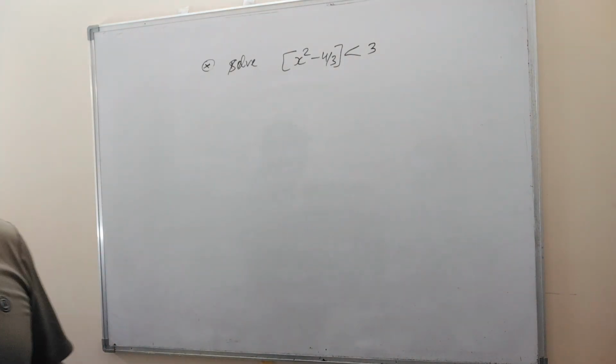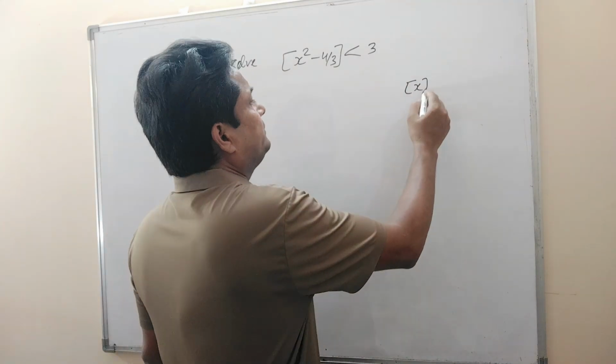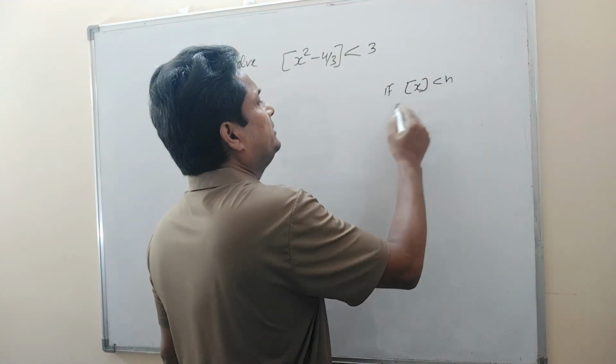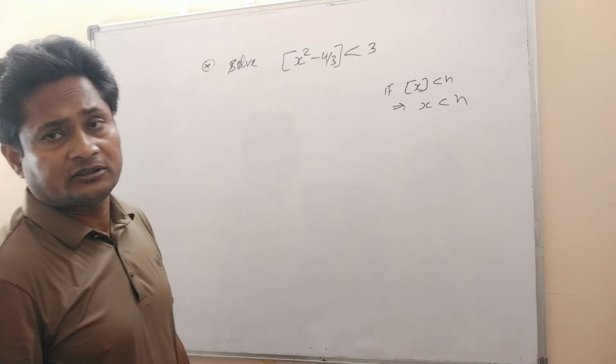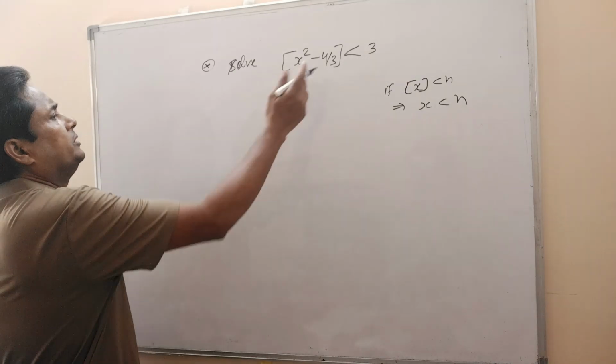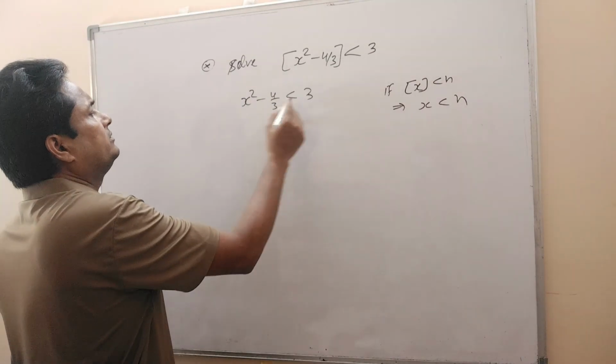In this case, what will be your answer? What is the property? If greatest integer of x is less than n, then x will be less than n. This is the property. So use this property. So x square minus 4 by 3 will be less than 3.